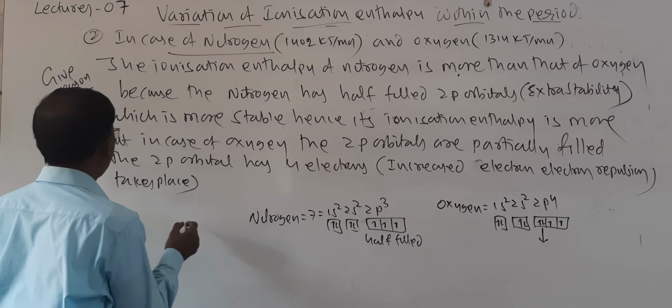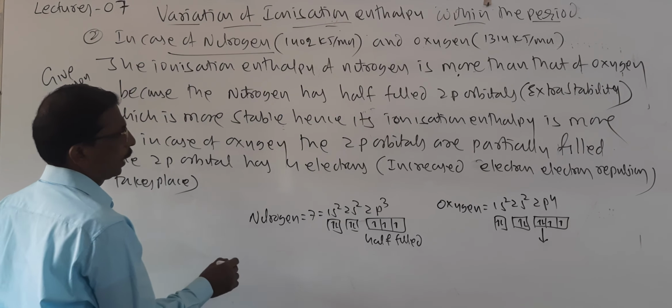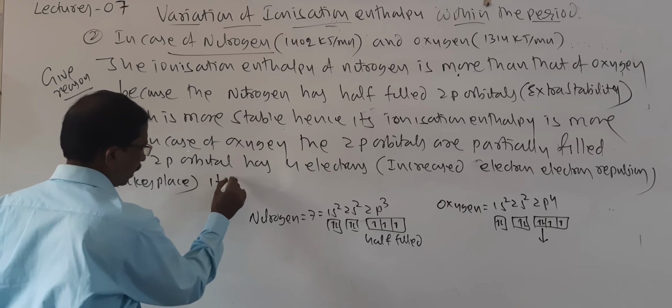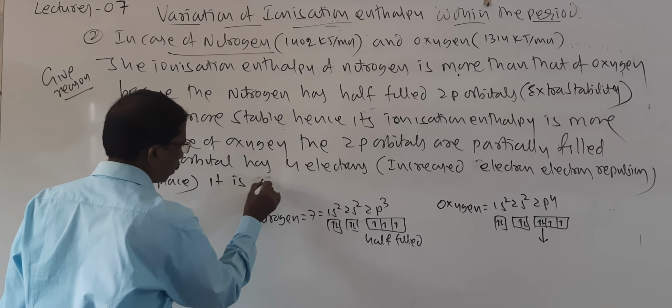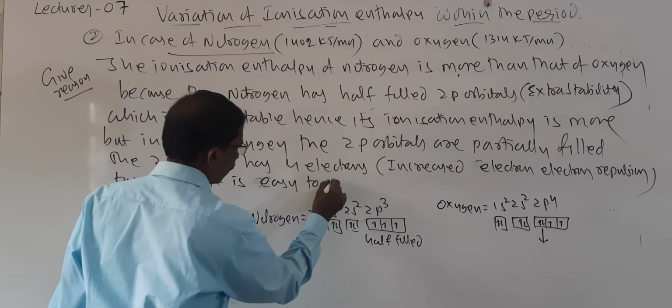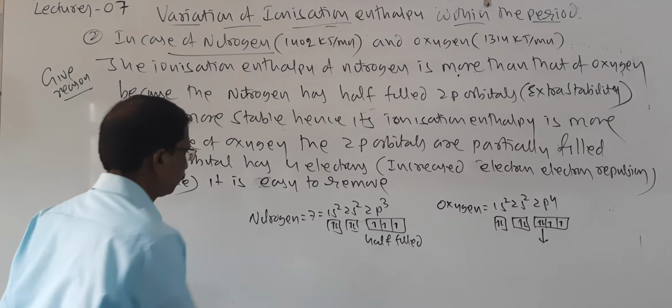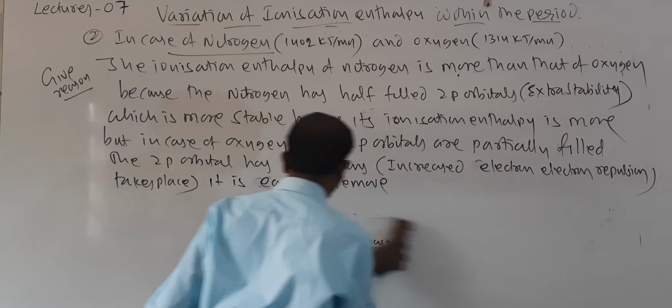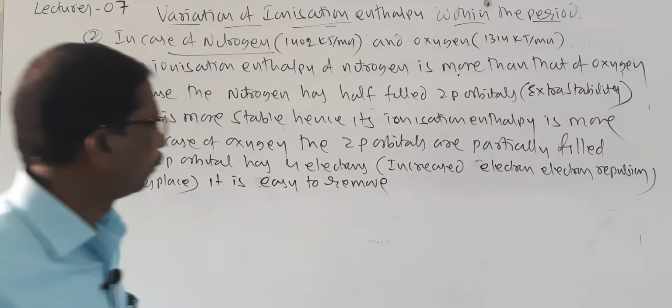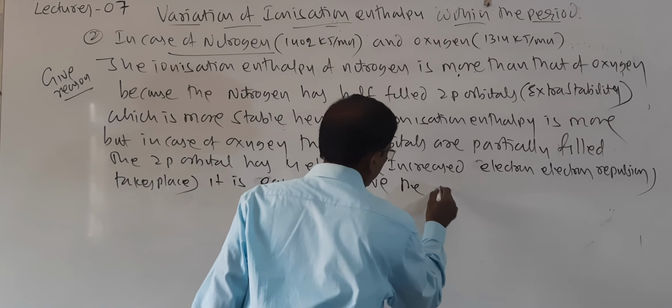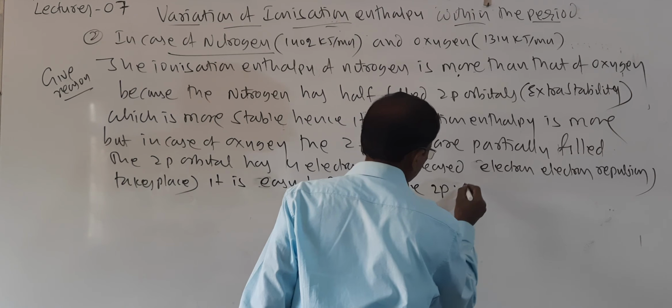The 2p orbitals has 4 electrons. It is easy to remove the 2p electron.